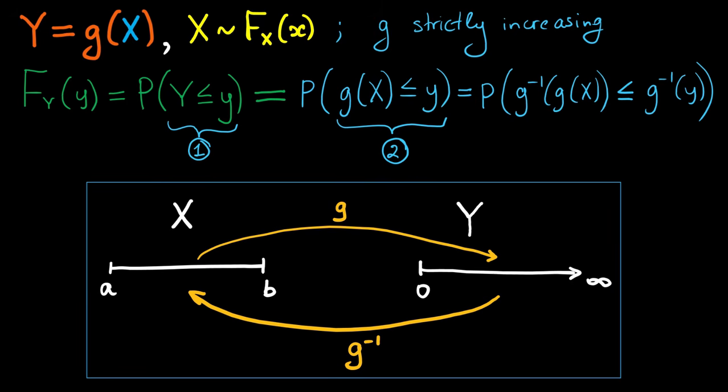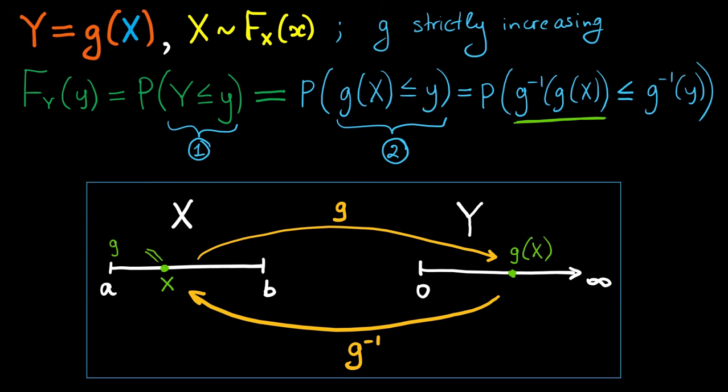Okay, now let's take a look at the left side here. Imagine that we have a value in the range of x that is given by this random variable x. When we apply the function g to it, it will travel from the range of x to the range of y, and when it arrives in the range of y, it will be g of capital X. Now, if we then apply g inverse to it, this value will travel back to where it started.